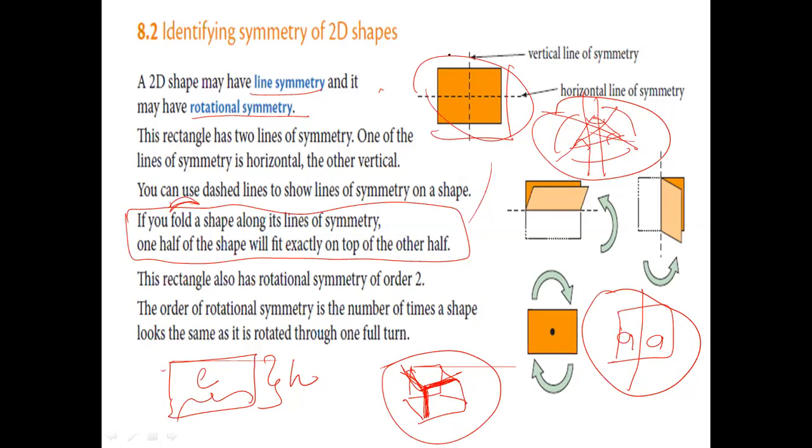I have forgotten now. Reflection, maybe, or turning. When you rotate this shape, for example 90 degrees, this shape is a square. When you rotate 90 degrees, your shape is not changing.